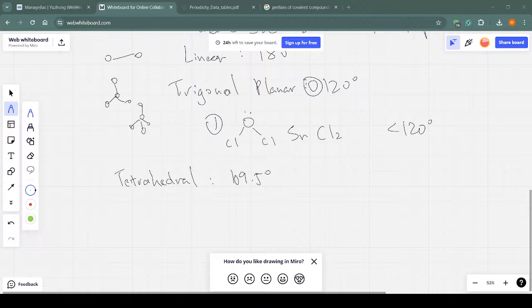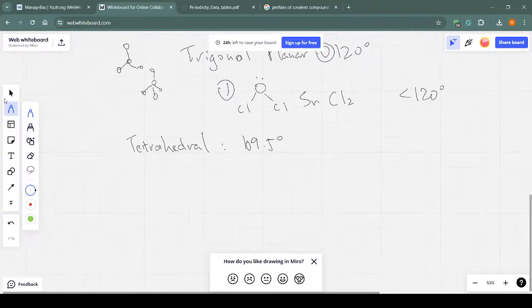For tetrahedron, or tetrahedral, lone pairs. So if there's 0 lone pairs, that would just be a normal tetrahedral, something like that.